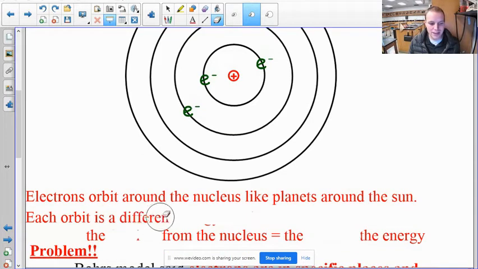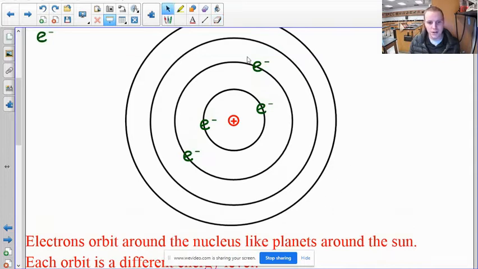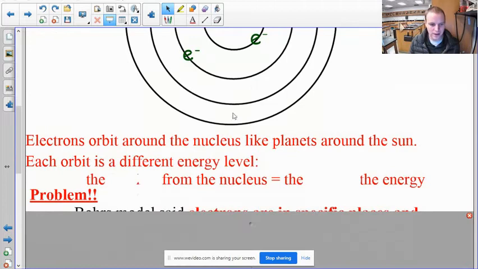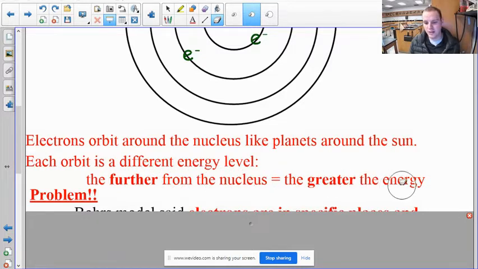And each orbit is a different energy level. So these electrons are orbiting the nucleus. And every time you're in a different ring, so this electron right here is in this first ring. And that's a different energy level than this electron right here, which is in the second ring. And what he sort of thought was that the further from the nucleus an electron was, the greater the energy.